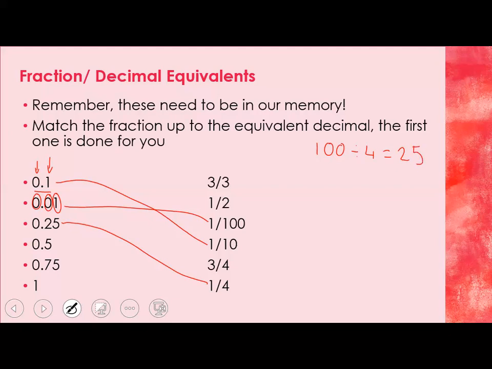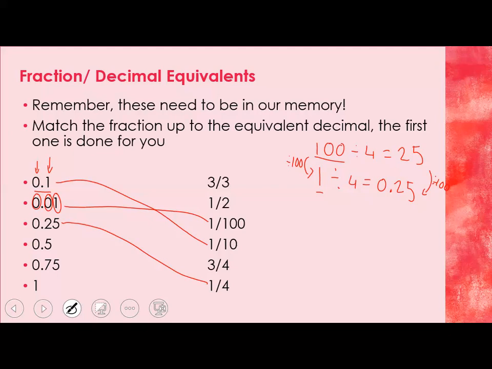Can you see the relationship between 100 divided by 4 is 25 and 1 whole one divided by 4 is 0.25? You can see that my answers here are 100 times less. I've divided them by 100, if you can see the relationship there.